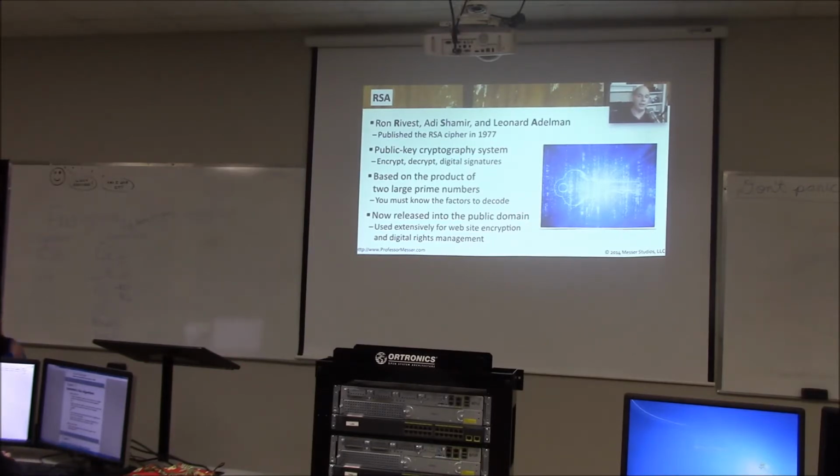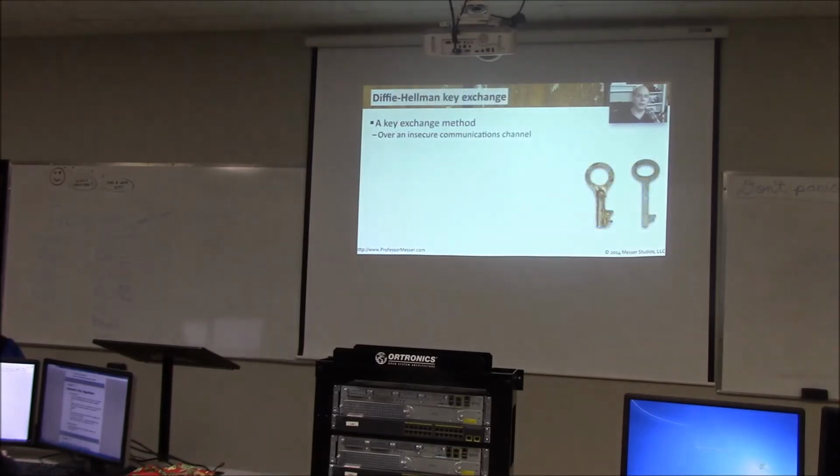Another algorithm that is used to protect keys as they are exchanged over the network is called the Diffie-Hellman key exchange. This is the idea of being able to send keys across the network, but still be ensured that nobody's going to be able to use those keys to decrypt your private information. This key transfer mechanism was published in 1976 by Whitfield Diffie, Martin Hellman, and Ralph Merkle.